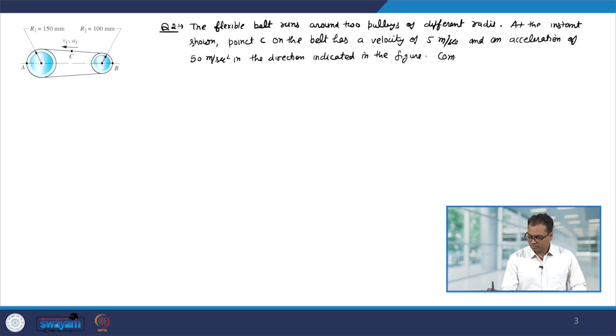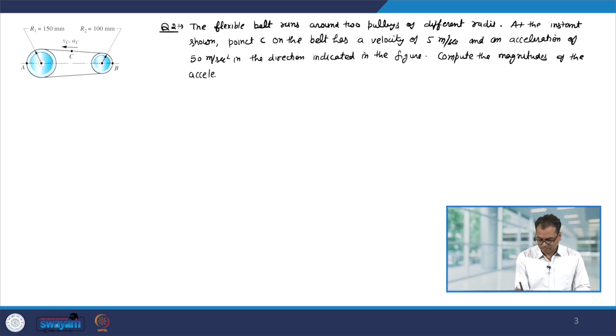Compute the magnitudes of the acceleration of points A and B on the belt at this instant.